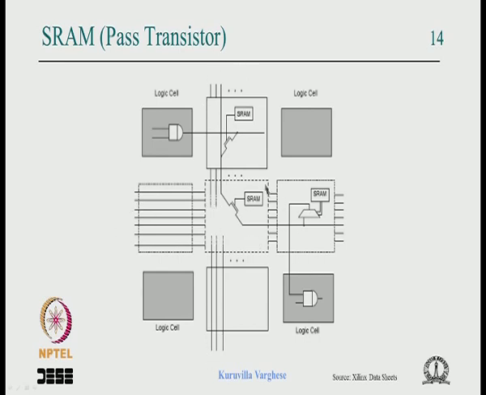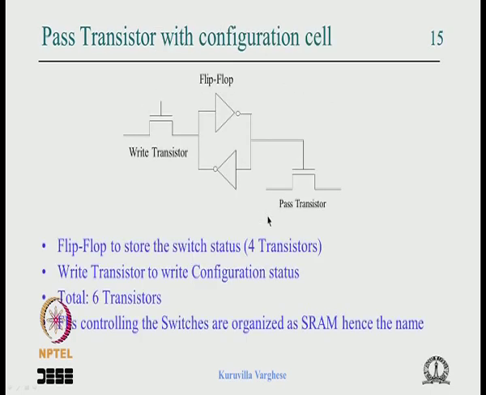We are talking about the interconnection at these big switches and the output connecting to the vertical wire. Just an explanation of the diagram. Now we are blowing up this one. We have a write transistor, and a switch which is a transistor, and a flip flop. That is what is shown here.